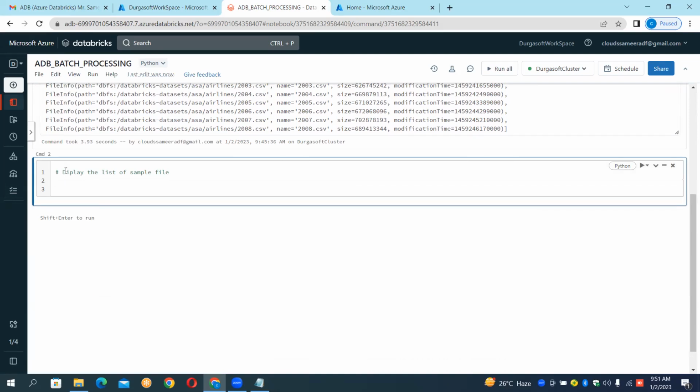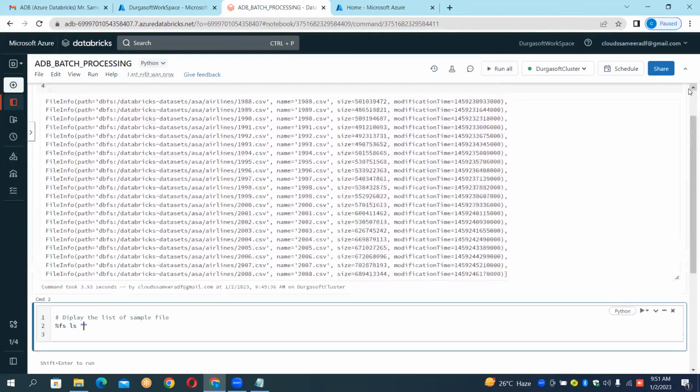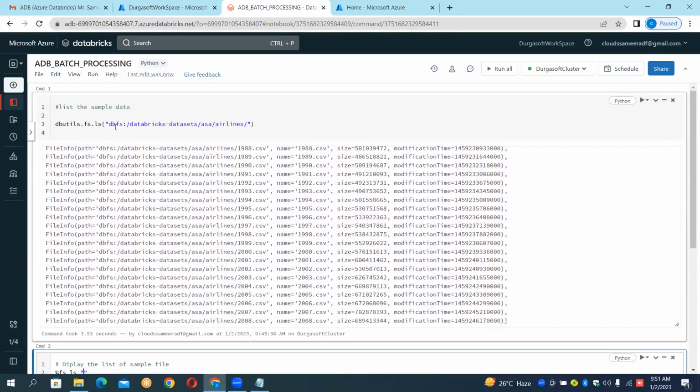Guys, use %fs, use ls. Tell me now. Double quotes. It's the same command. I think we have not seen this command earlier.